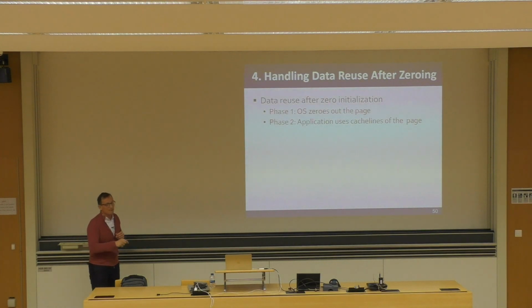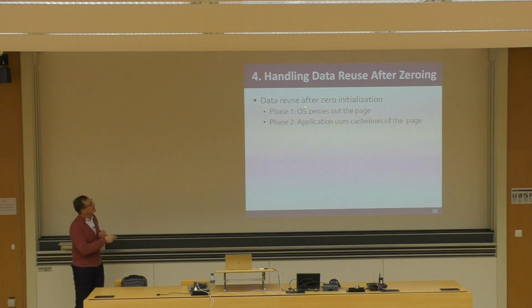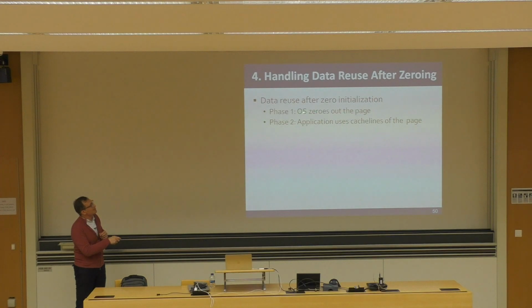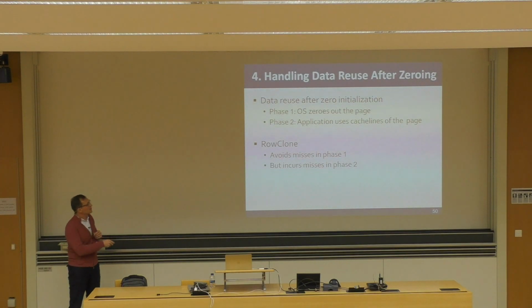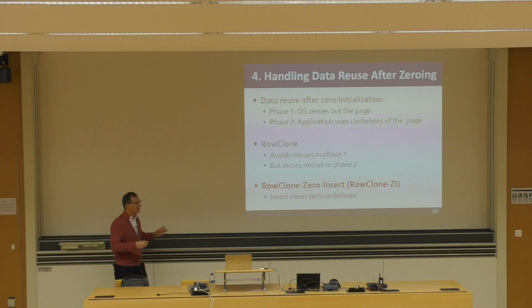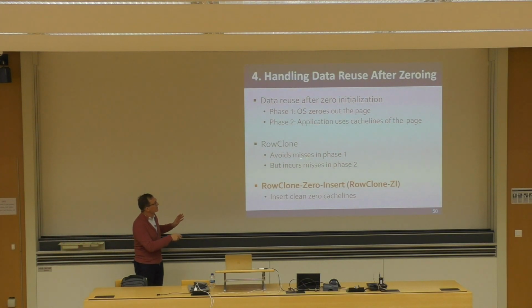This is actually interesting. The paper does some analysis of this. There's some data reuse that happens after zero initialization. So in phase 1, the OS zeroes out the page, and then in phase 2, the application uses cache lines of the page. RowClone is good because it avoids misses in phase 1, but it causes misses in phase 2. And the paper realizes that you don't want to cause misses in phase 2.